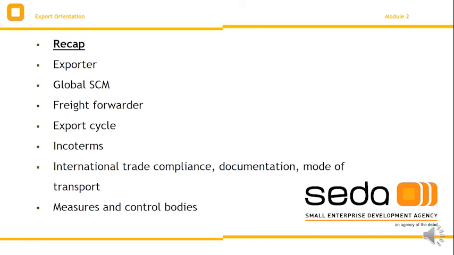You will look at the cost, you will look at timing issues, you will also look at the advantages and the disadvantages. We also looked at the measures and control bodies where you can apply for particular export permits. And remember, not all control bodies will affect or influence your exporting transaction. However, the control bodies will have an impact based on the type of goods or product you are looking at exporting.